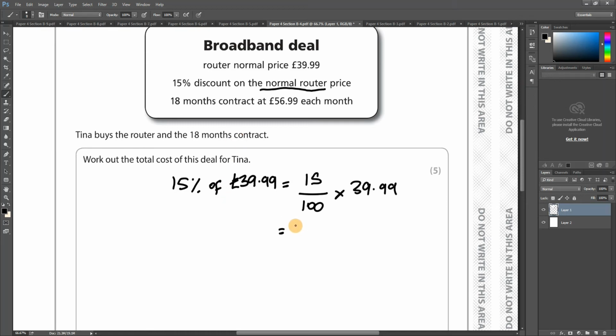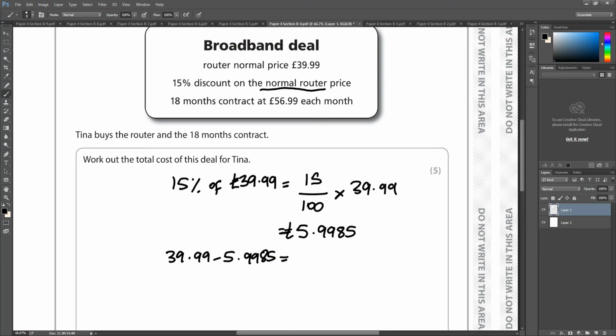It comes out with, and it looks a bit weird, but we get this. Don't be tempted to round it yet, because this is not your final answer. Remember, it's 50% off, so we have to take that away from the original. So you have to take it away from £39.99 minus this discount, all of it.